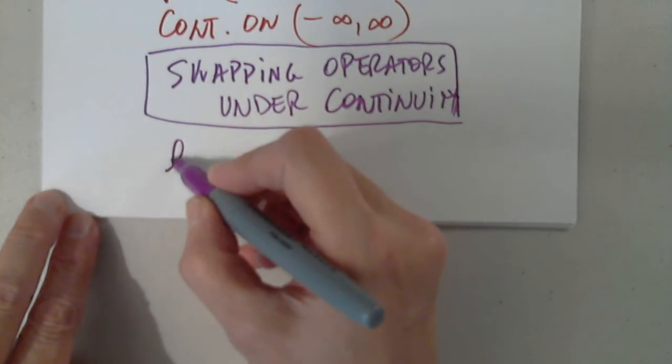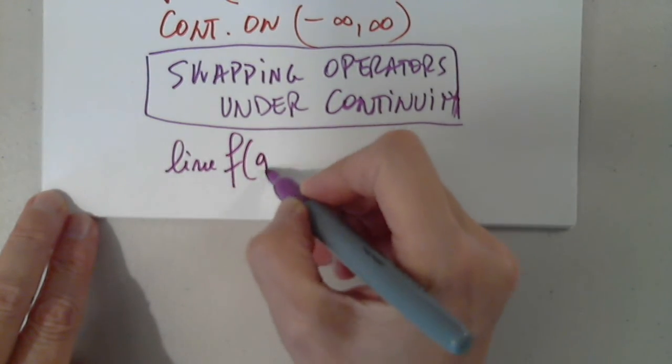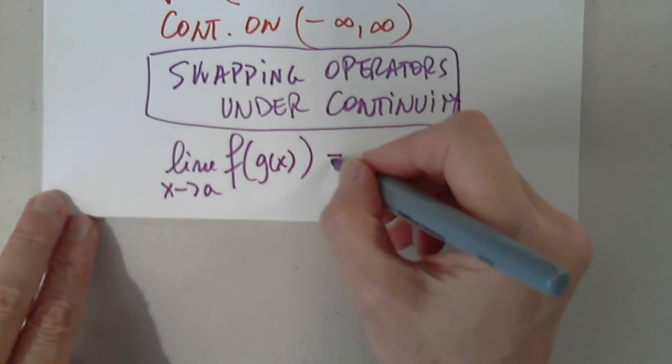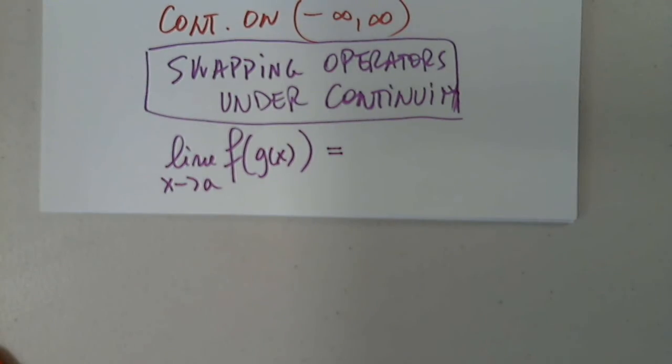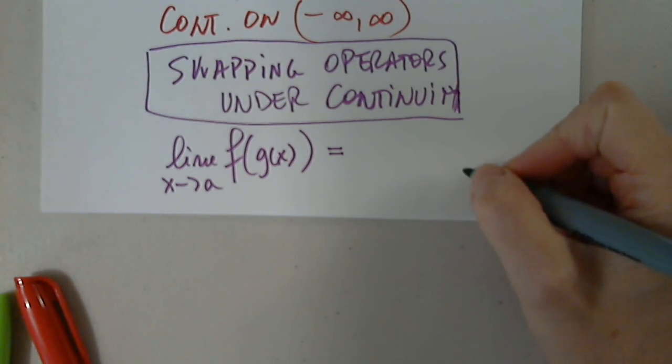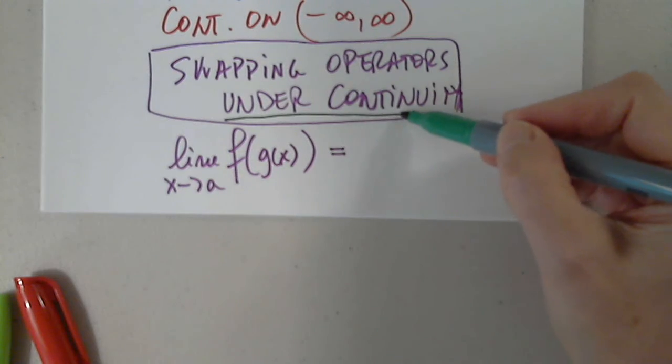So, for example, limit of f of g of x when x approaches a. Can anyone guess? We've seen this before. We applied it in limit laws, and I mentioned this very important theorem, but I didn't show it for the general case. So which operators am I swapping then? What should I write? Under conditions of continuity.